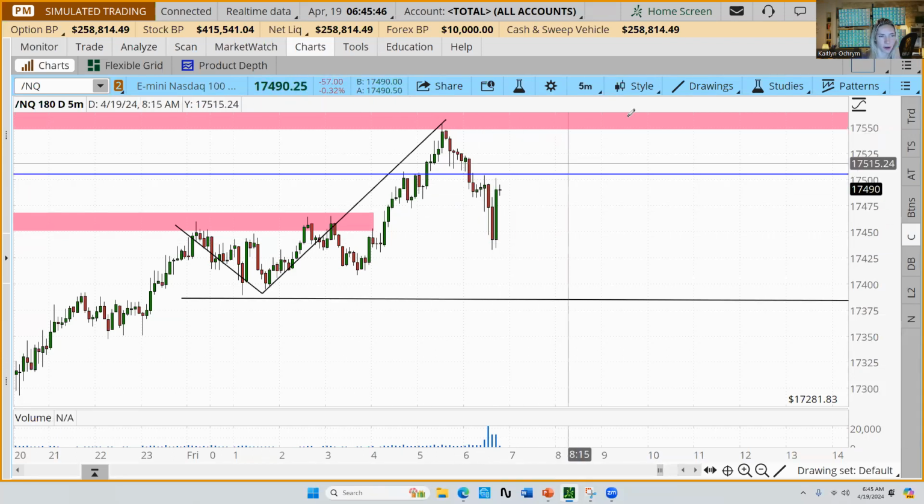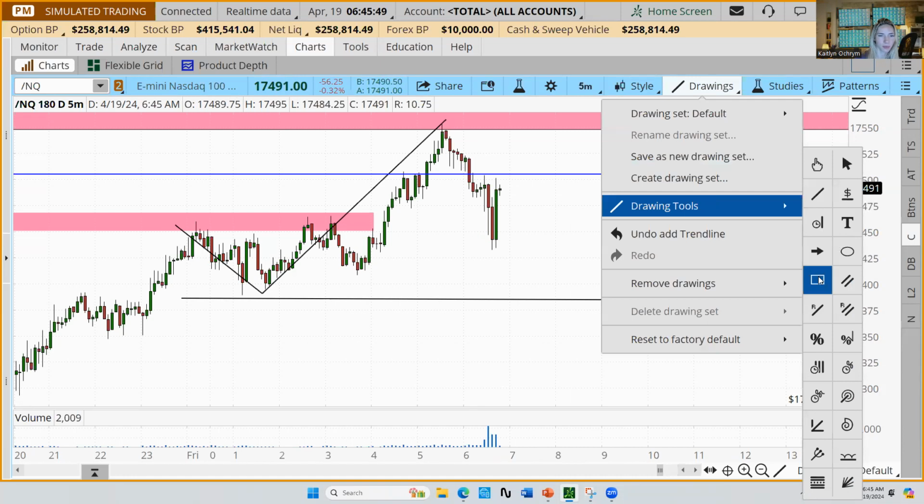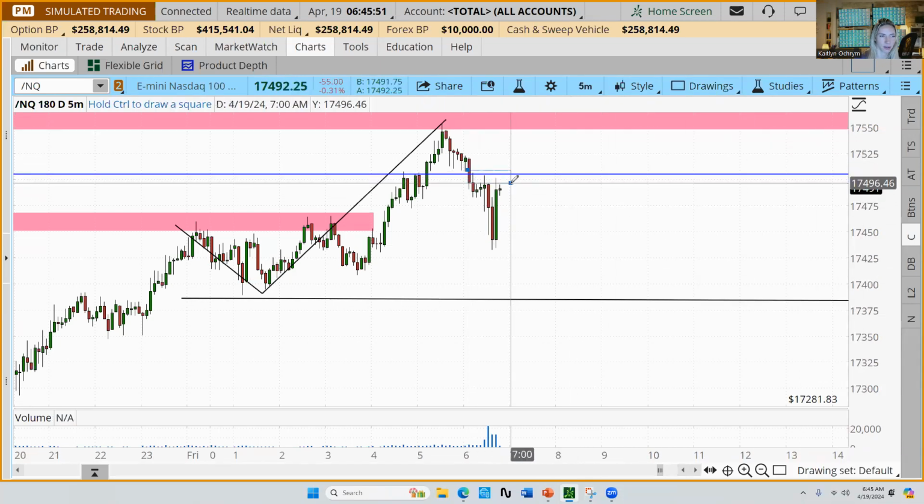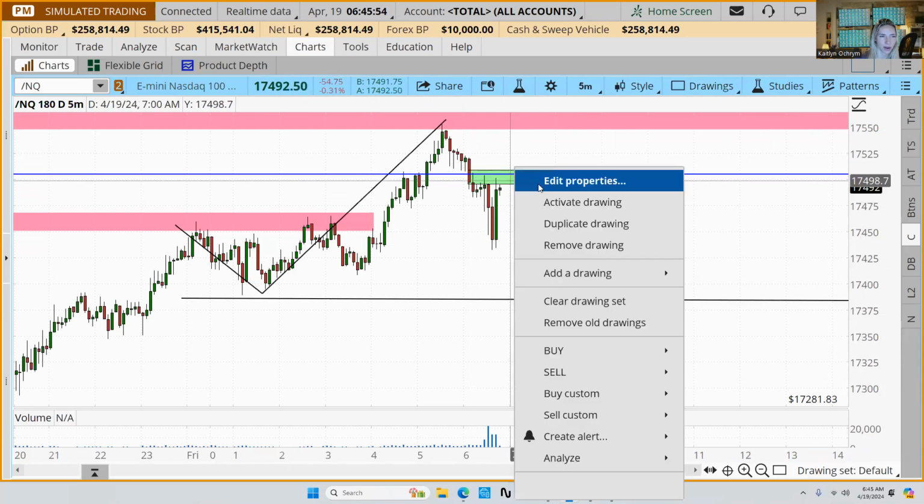Again, one to hold off on, because the only way I'd look to go long is maybe at a breakout point.